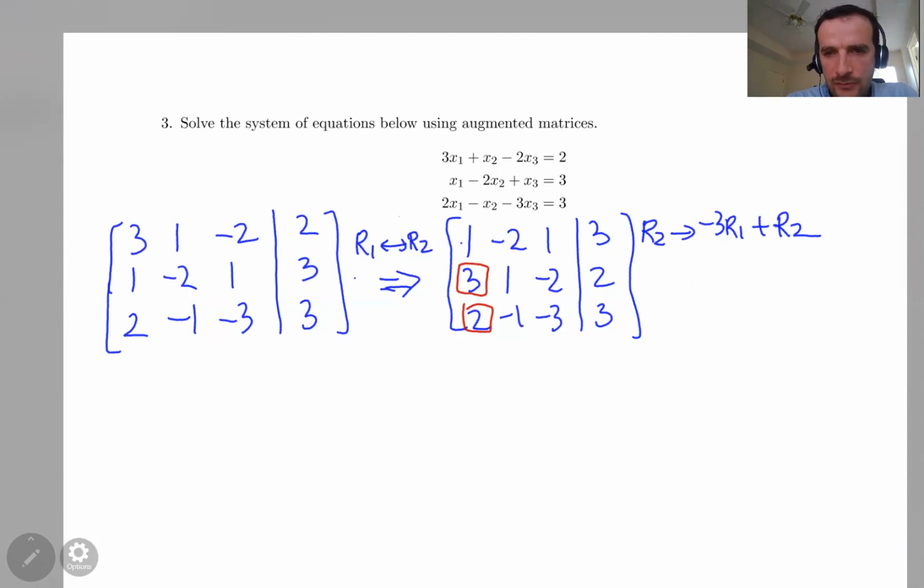I am multiplying the first row by -3 and adding it to that row. And row 3 will be -2 row 1 plus row 3. Okay, let me write down here what I am saying.